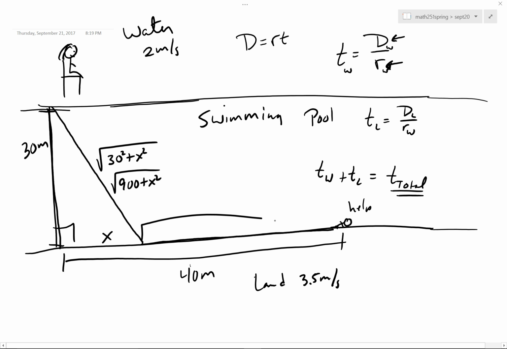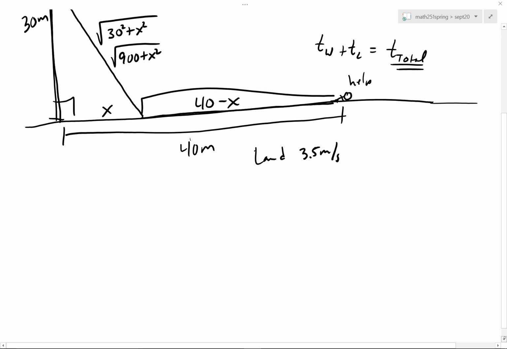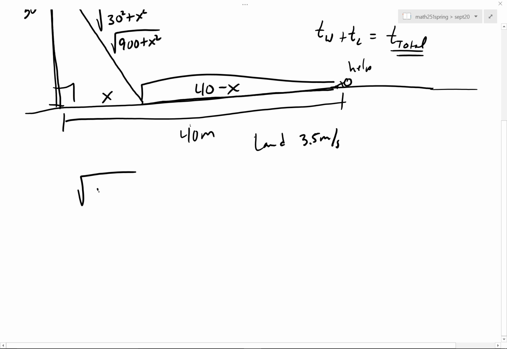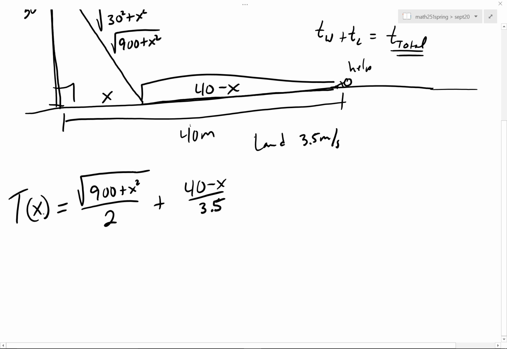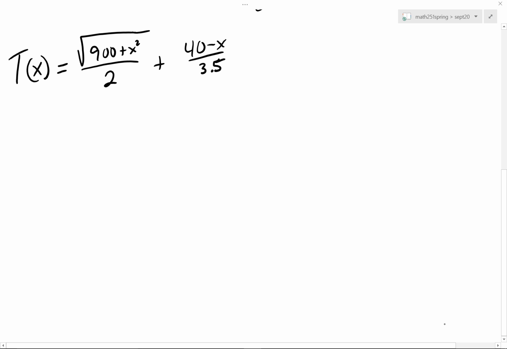And then she's going to run 40 minus x meters down the beach. And so my total time would be this distance divided by her rate plus this distance divided by her rate. This is time, and oh, by the way, it's a function of x. It depends on where she swims towards, I should say.